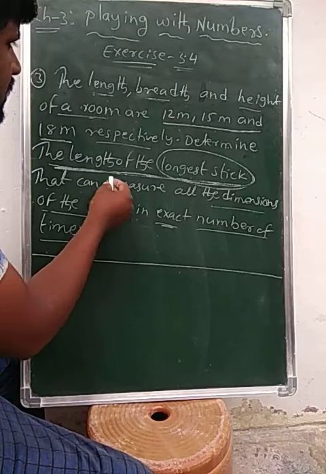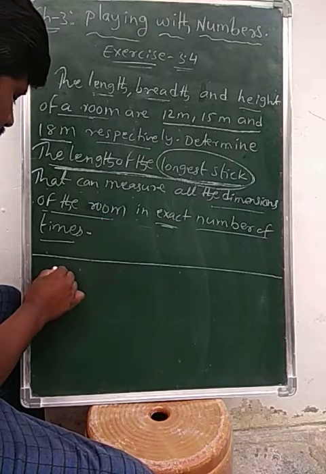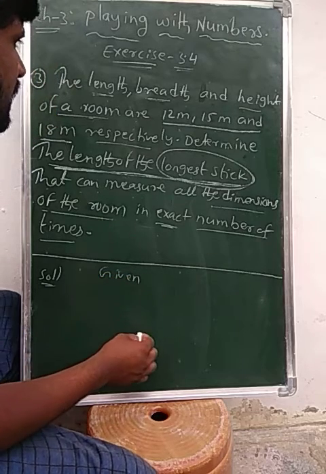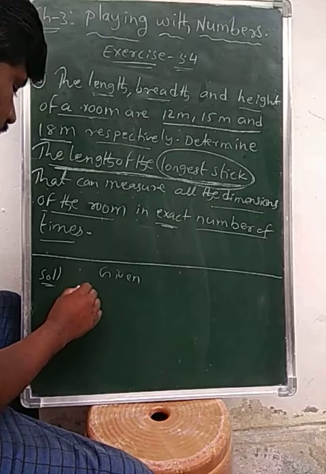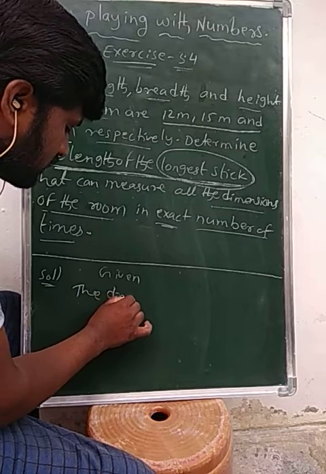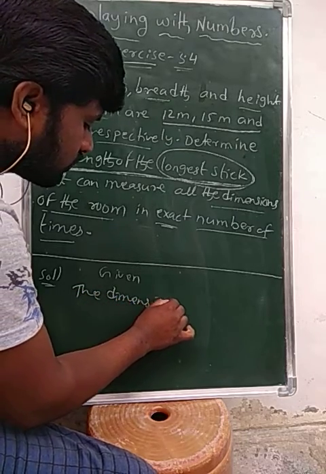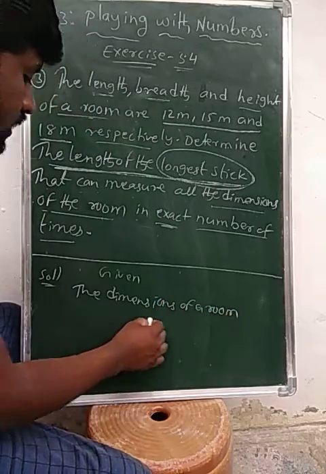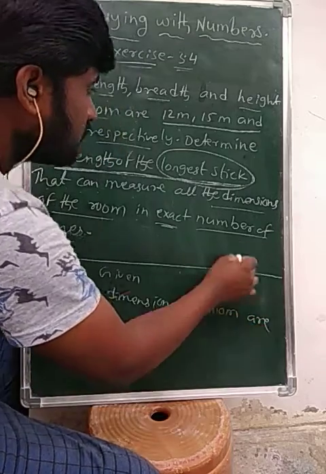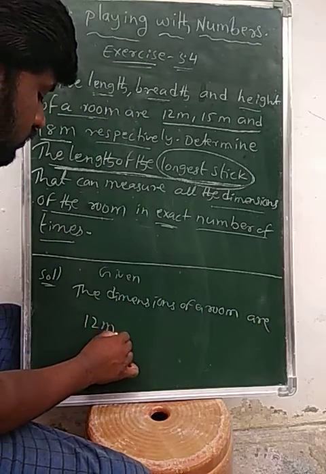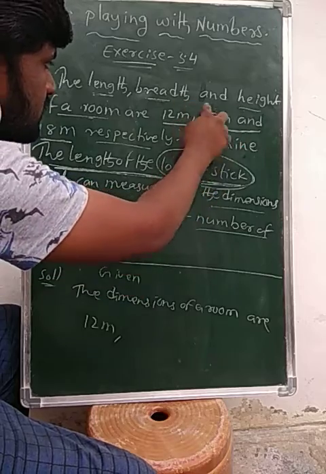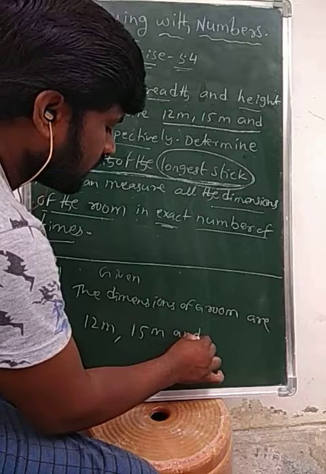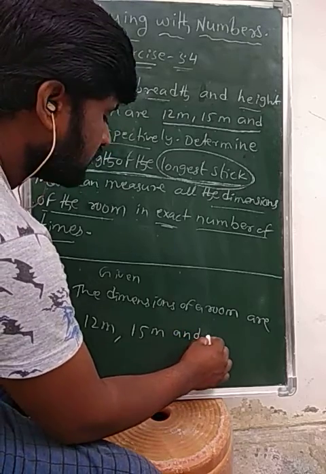What are the given numbers? You can write the given data: the dimensions of a room are length 12 meter, breadth 15 meter and height 18 meter.